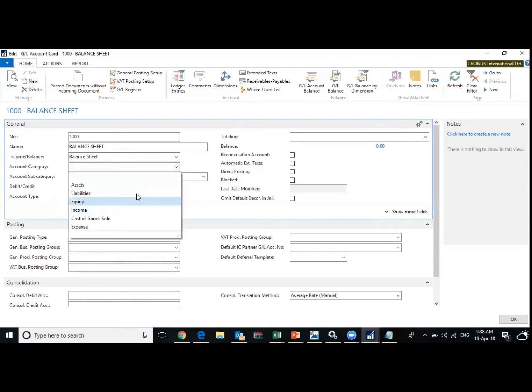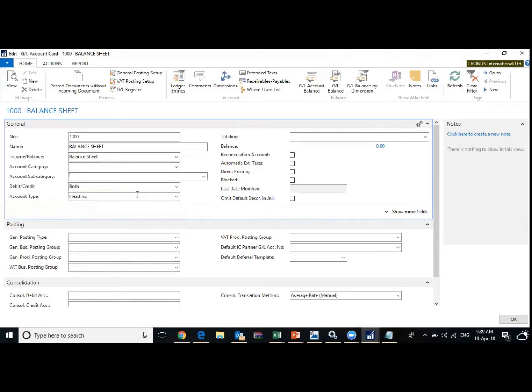Owner's equity or capital, you can call it anything. Then you have your income. Income is another name for your revenue. Cost of goods sold: if you want to divide your revenue into cost of goods sold and income, then this is how you do it. Or you can have it in the same category. So you have your income, you have cost of goods sold, and you have your expenses.